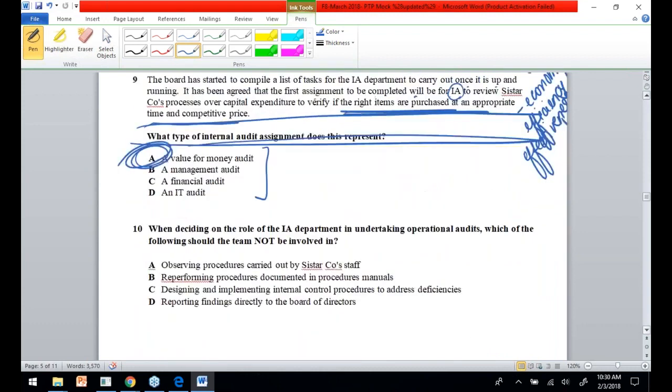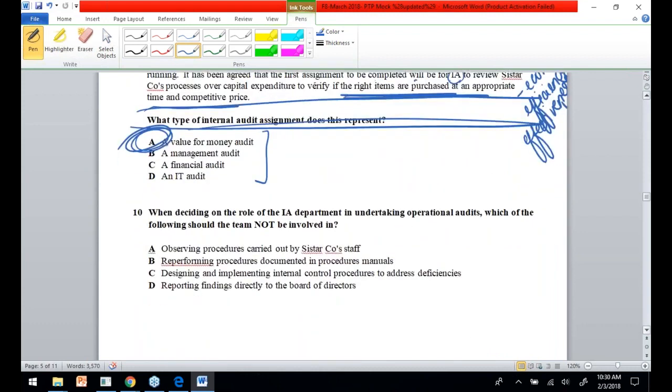Next, when deciding on the role of the internal audit department in undertaking operational audits, which of the following should the team not be involved in? Now, this is also a question that requires some degree of reading the options. Observing procedures carried out by the sister company staff.